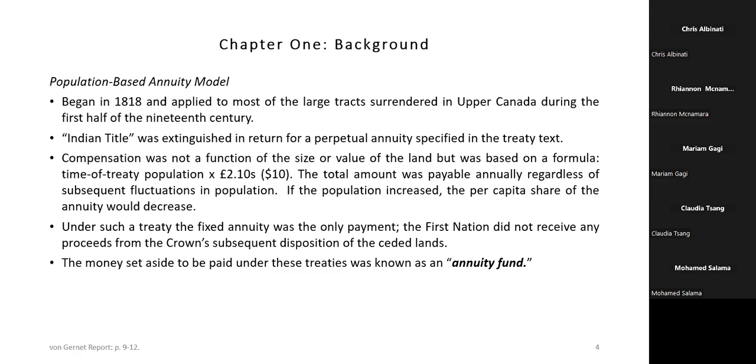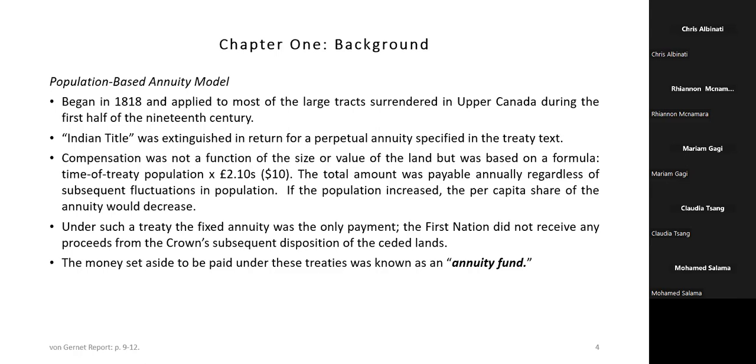Now, where it starts making a difference is in the later treaties where you apply the same formula. I'm just working with what you've got here. So in the pre-1850 treaties, as I said, the original calculation was done on a per capita basis, and in some treaties it was stipulated that they would be getting $10 per capita.